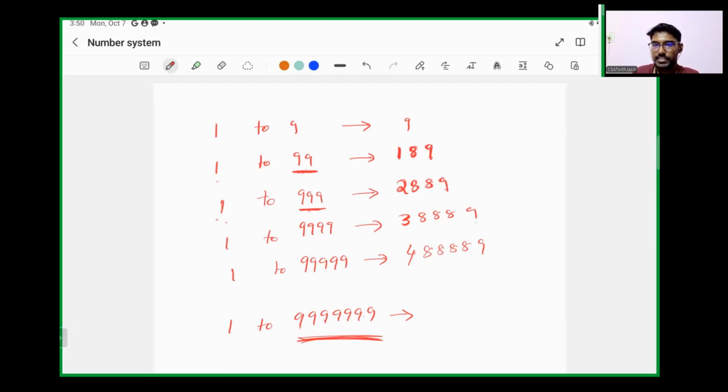How many digits are there in total? So there are 7 nines. You write 6 first, then you write six 8s, then a 9. So this will be the answer. Okay, so remember that one.